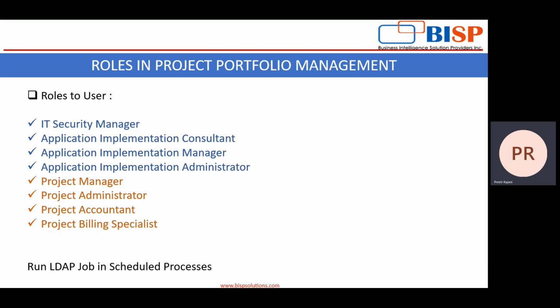The above four roles are required to do the setups regarding the implementation, and the below four are used to do the setups regarding the project portfolio management module. Now, we will move to our application and we will provide those roles to the user.